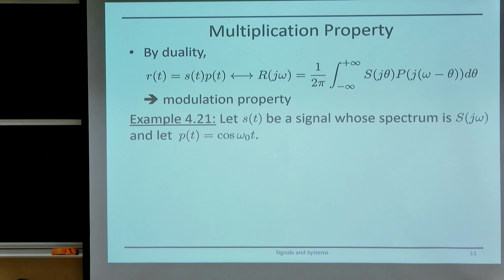Notice that p of t, you can write by Euler's relation as 1/2 (e to the j omega naught t plus e to the minus j omega naught t).